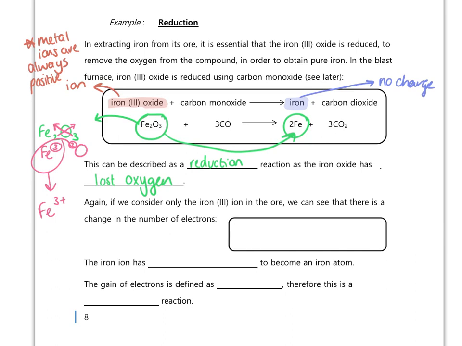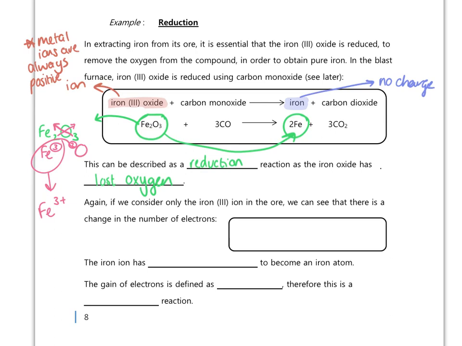Think, well, what would the charge have been on the original ion before you swapped and dropped it with your oxygen? So either way, we can see that the iron ion on the left-hand side has a charge of 3 plus, and we know that it's an ion because it's part of a compound. Remember, if it's part of a compound, it will have a charge.